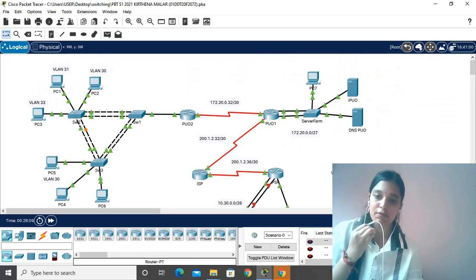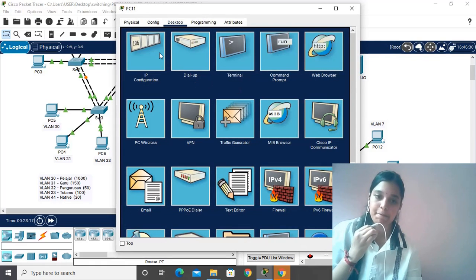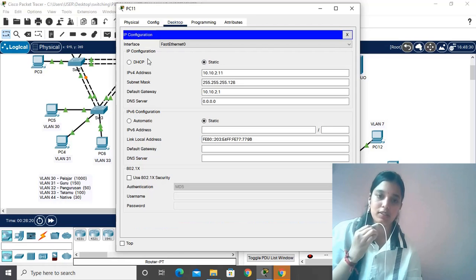So I just start from VLAN 6 to show the steps as an example. Okay, VLAN 6, I click on PC11, go to the desktop, IP configuration. Here there is a table to write the IP address. So IPv4 address, I already wrote 10.10.2.11.